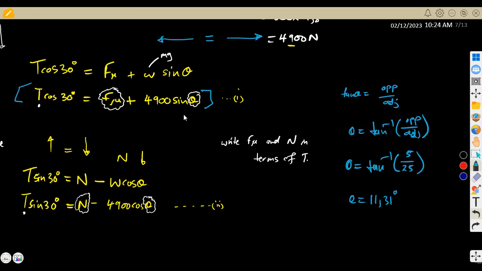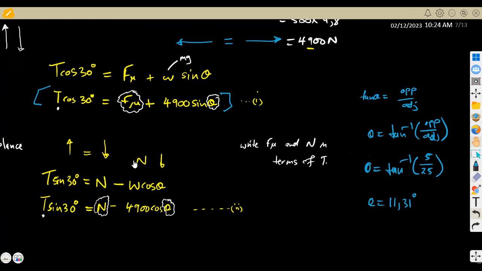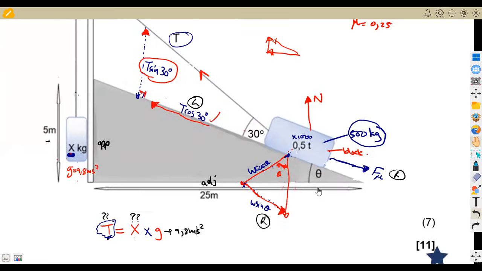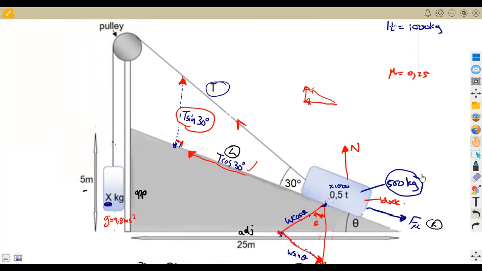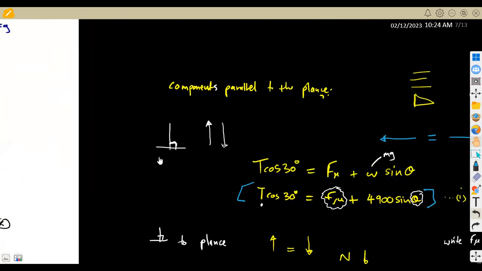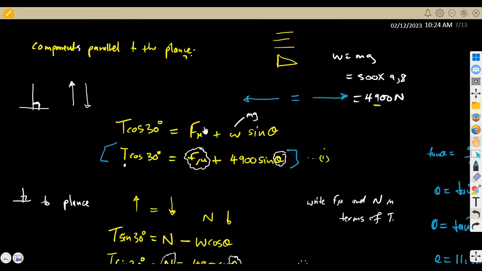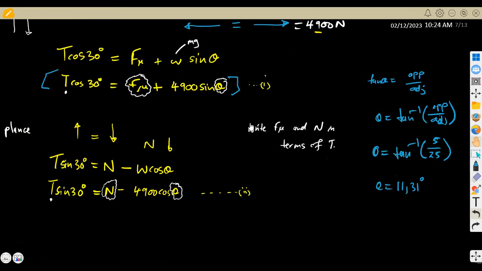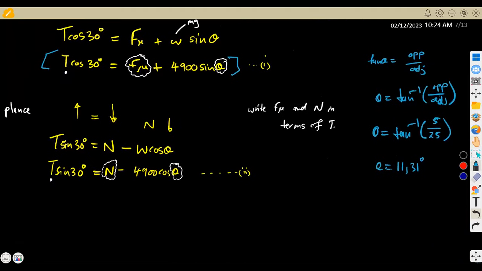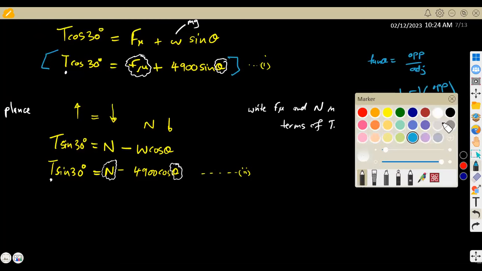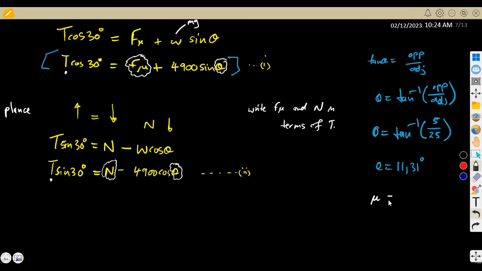But we still have unknown values, which is here we are left with N, and we are left with the frictional force. Okay, before, we are given that the coefficient of friction is 0.25. All right, so let's work with the coefficient of friction. The coefficient of friction is supposed to be the frictional force over the normal reaction.